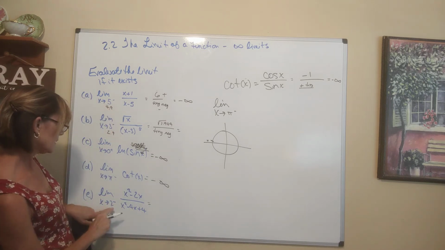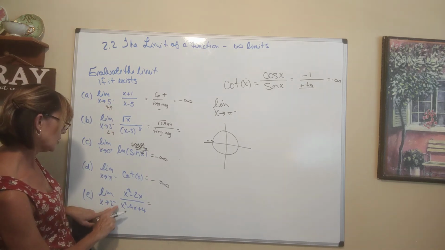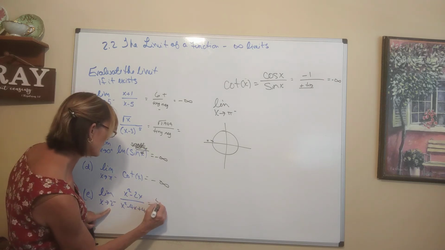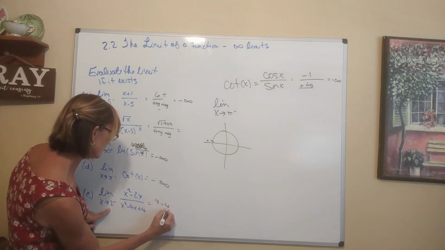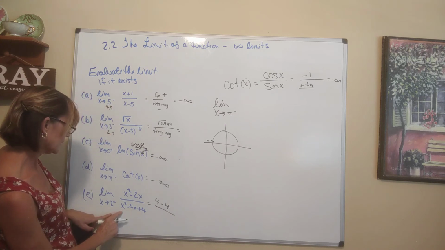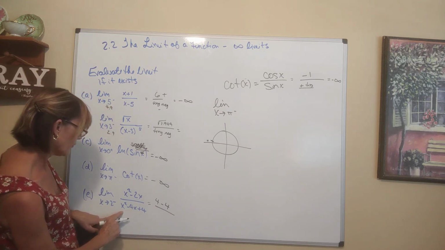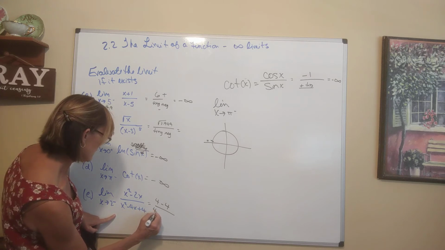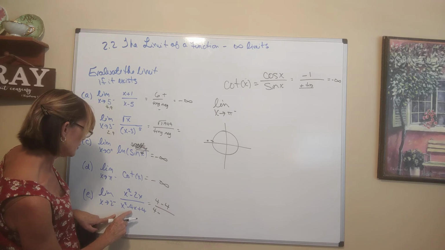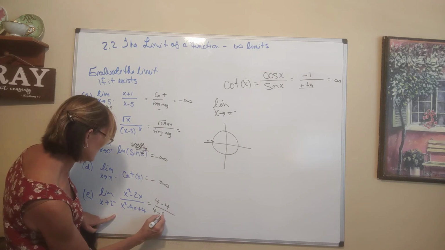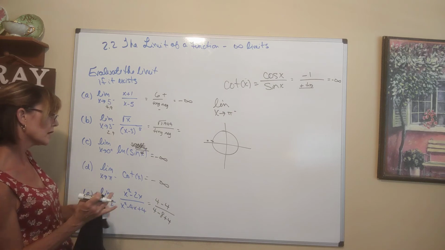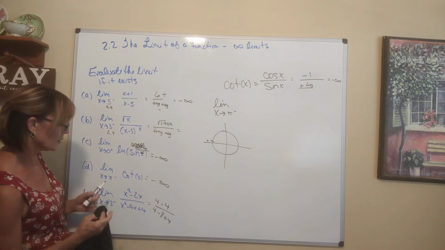If we put in something a little bit less than 2, this would be close to 4 minus 4, right? And in the denominator, we'll get 4 minus negative 4 times 2 is 8 plus 4. We're going to get a 0 over a 0. Okay, so we're going to see what we're going to be doing pretty soon.